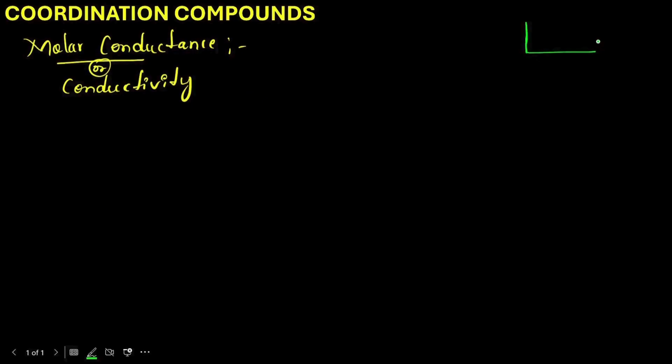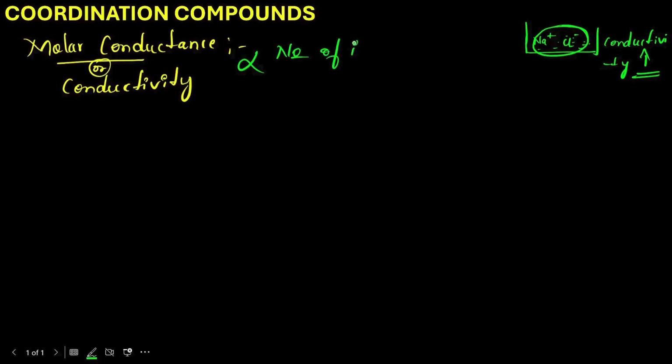If you consider a solution of ions, consider Na+ and Cl-, the more the number of ions present in the solution, the more the conductivity increases. Here the same thing: molar conductance or conductivity is directly proportional to the number of ions in the solution. So we will see how it is.